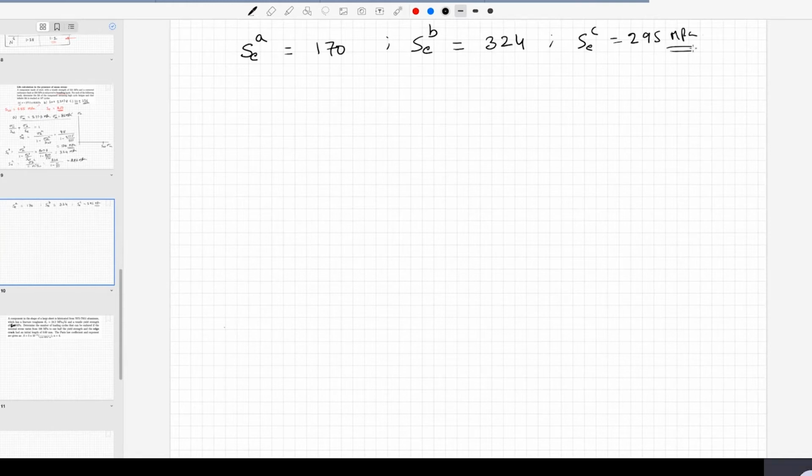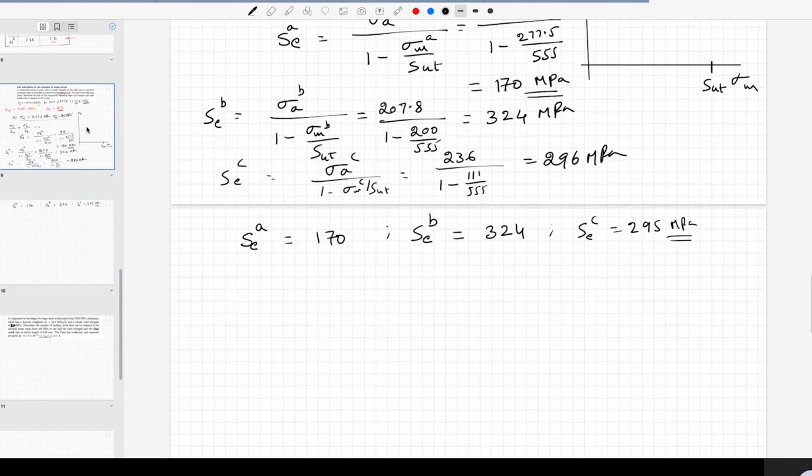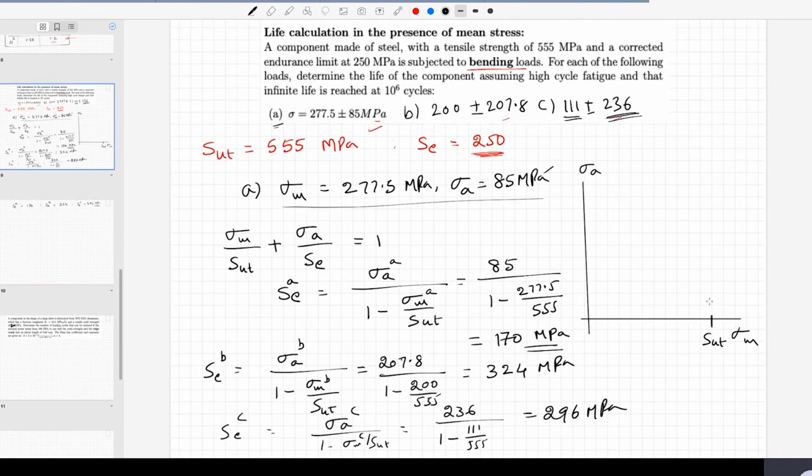So rather than calling this SE, I could actually calculate the failure strength. This is my SUT, and this is my stress state, right? So what is my sigma M? SUT is your 555.